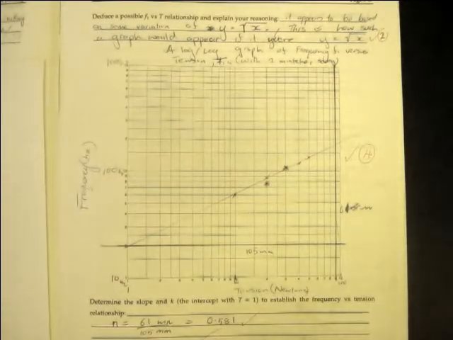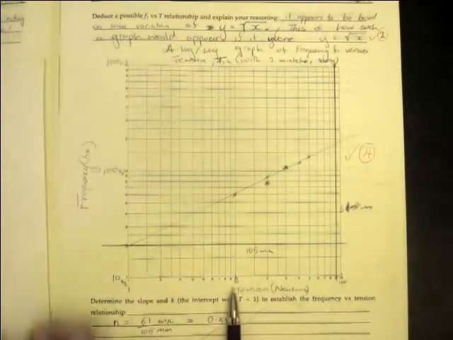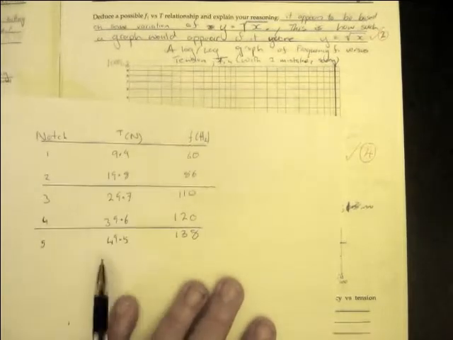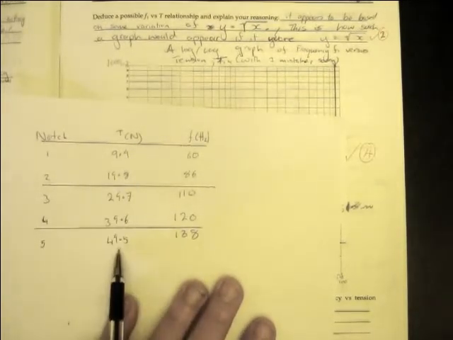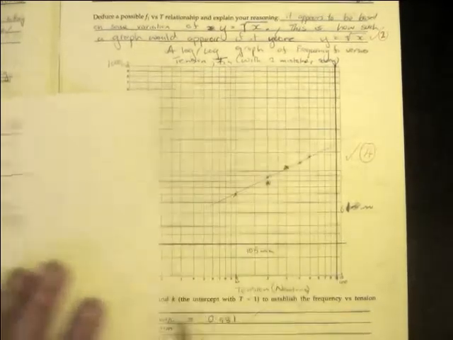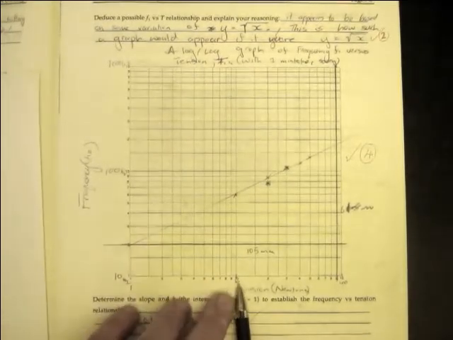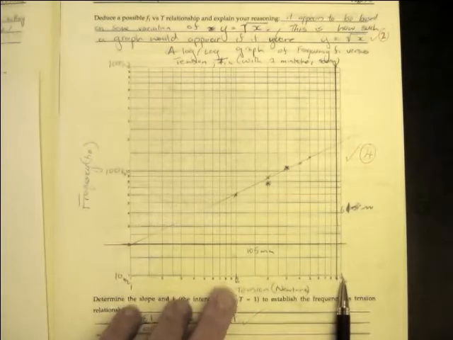What else have we got? I look at my ranges. Tension goes from just under 10 newtons to just under 50 newtons, so I'm going to call this 1 to 10, 10 to 100.